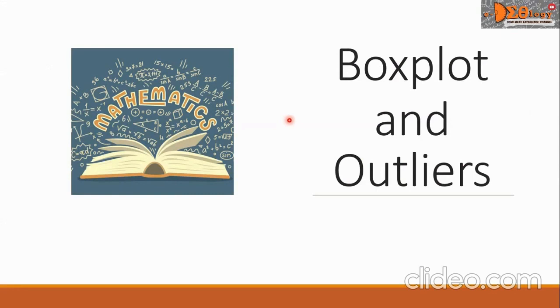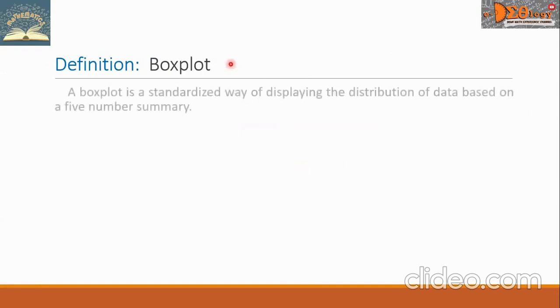Today we're going to study box plot and outliers. Let's begin with the definition of box plot. A box plot is a standardized way of displaying the distribution of data based on a 5-number summary.